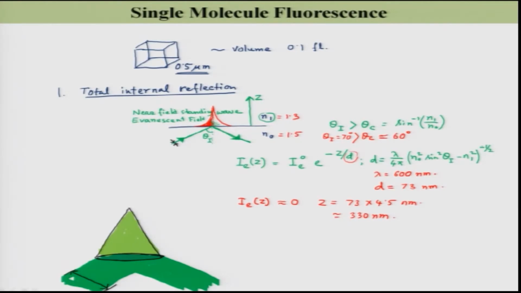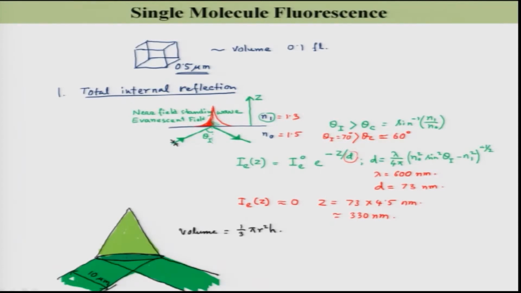volume of this cone. So, volume is equal to 1 over 3 pi r square h. If I say the diameter of this incoming light is, let us say, a real number, 10 micrometer, and this 10 micrometer light will come here and undergo total internal reflection like this, but this evanescent field will be created.